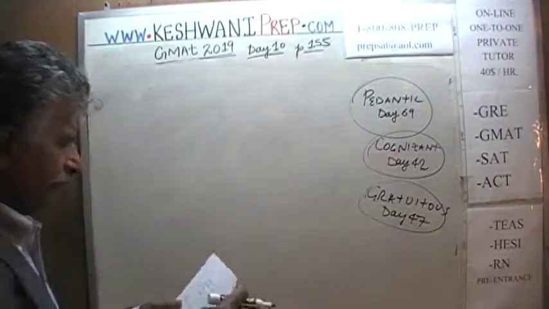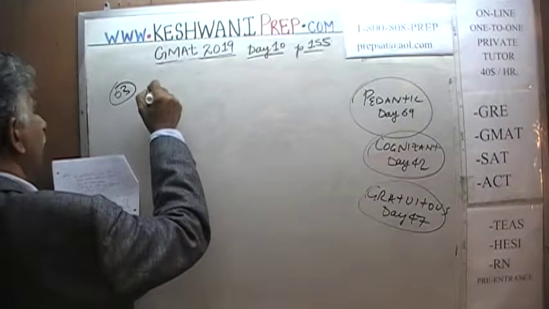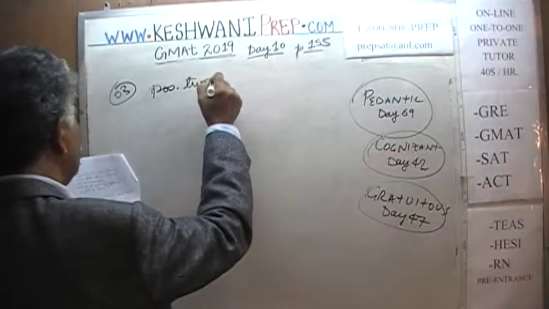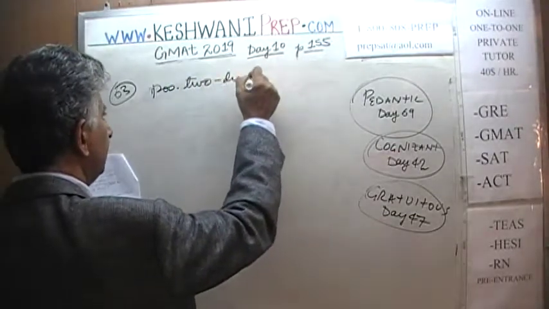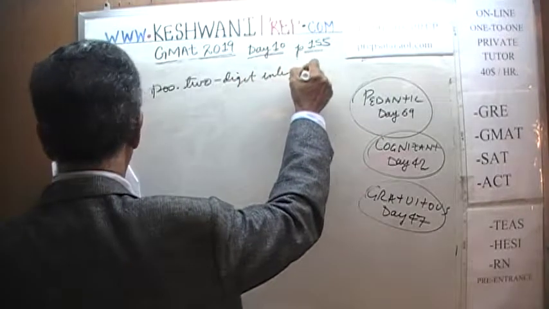63. In 63 we have a positive 2-digit integer, or rather integers.